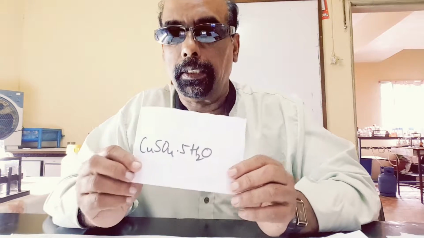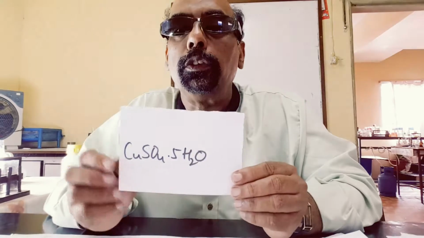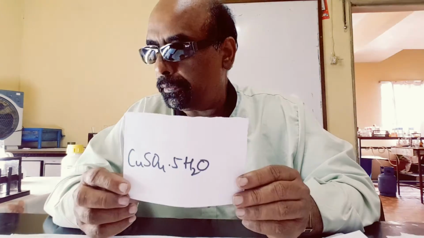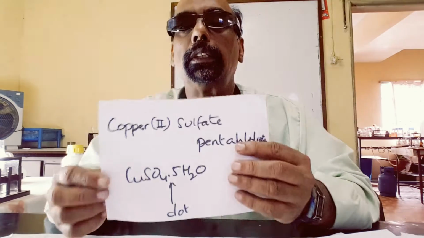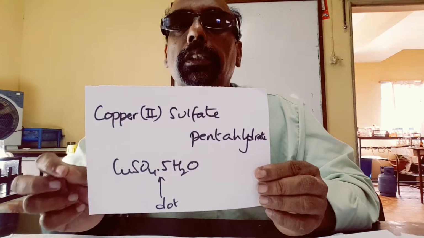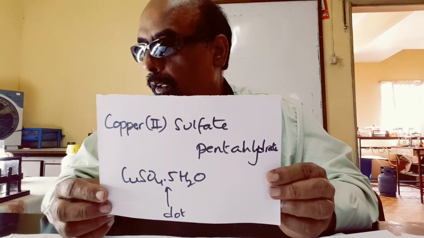An example of a hydrated salt is CuSO4.5H2O, copper(II) sulfate pentahydrate. The 5H2O is the water of crystallization.